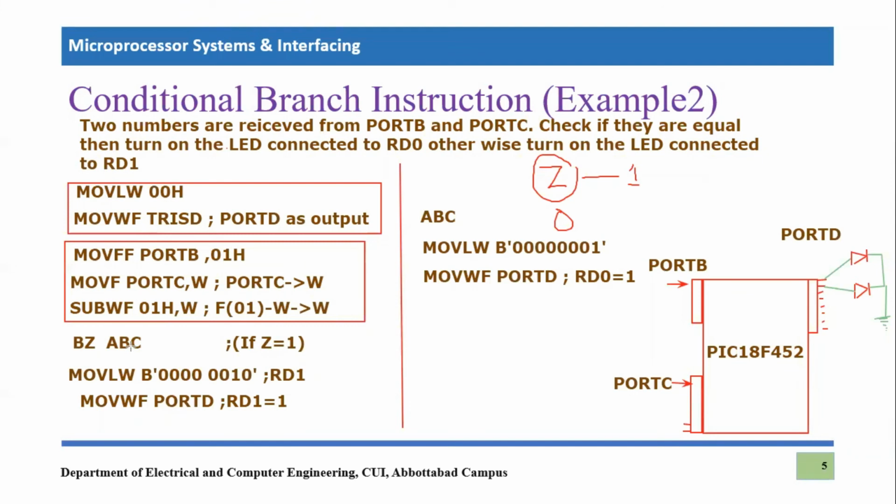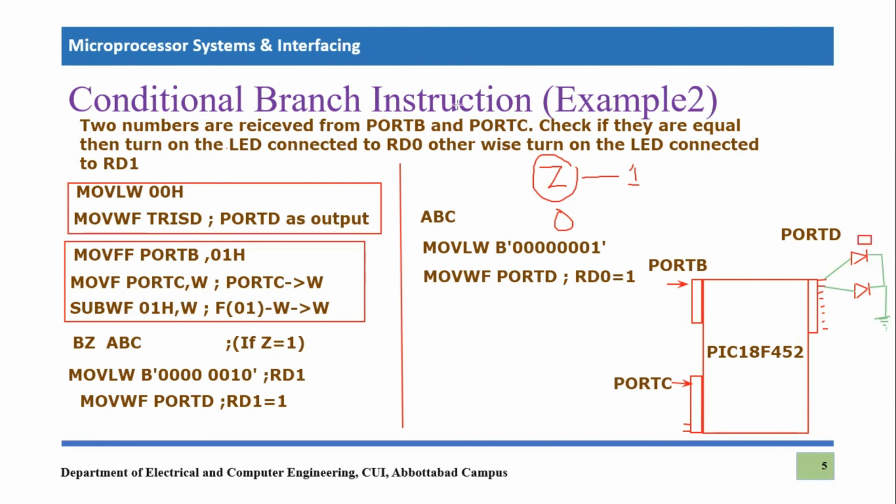If the zero flag is high, then branch to ABC, and at the ABC label, we write move literal to working 00000001. So the least significant bit is high, and we move this data to port D, and in this way this LED will turn on.